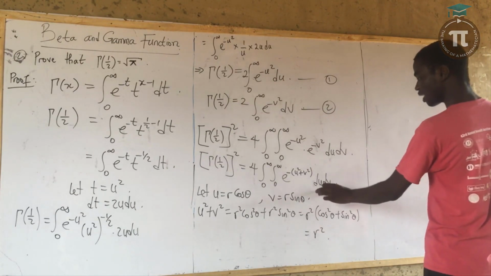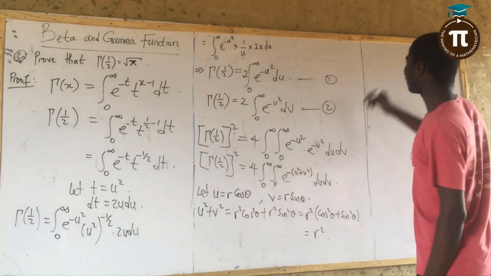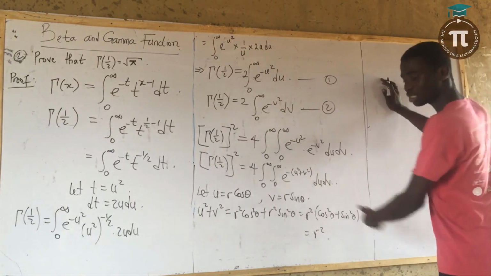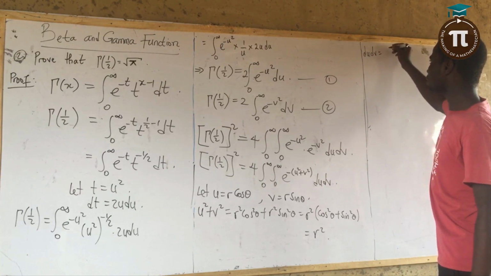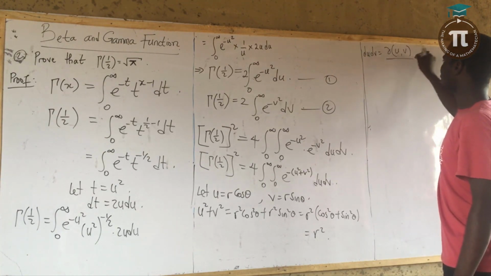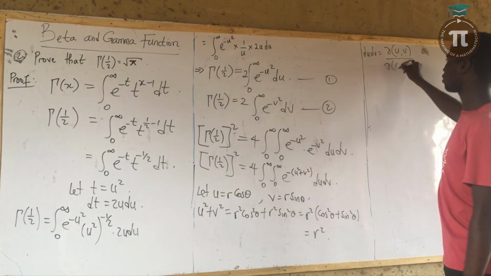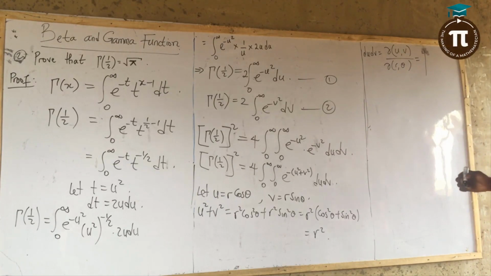So again, the next thing I'm going to do now is change this du dv, for which I will obtain a Jacobian. Whenever you are dealing with multiple integrals, du dv will be equal to the Jacobian of uv with respect to r and theta.